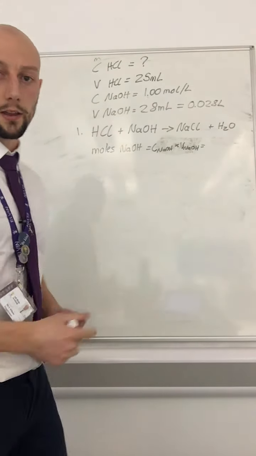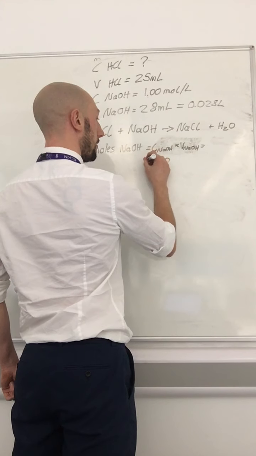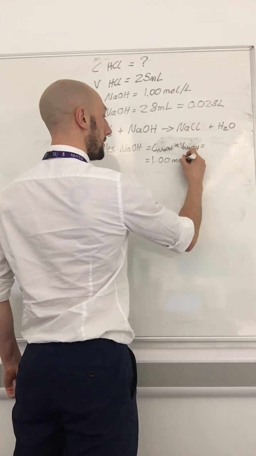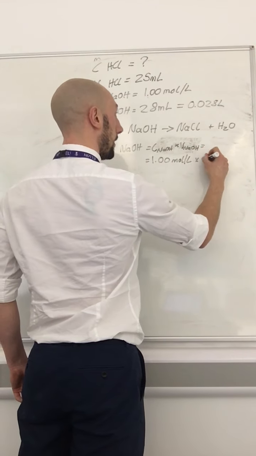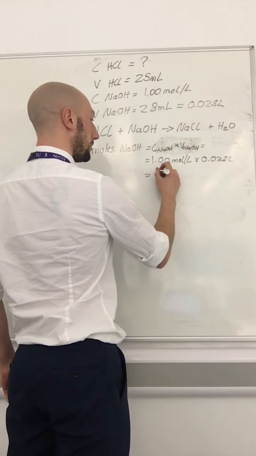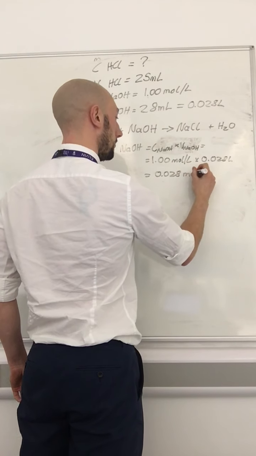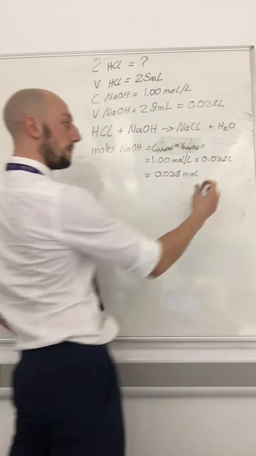So I'm going to write this underneath. 1.00 moles per litre times by 0.028 litres is equal to 0.028 moles of sodium hydroxide.